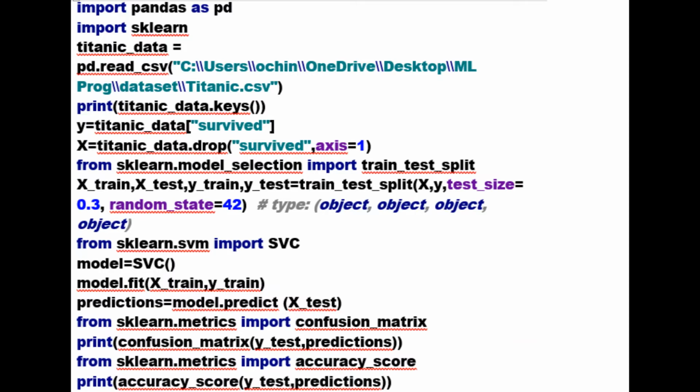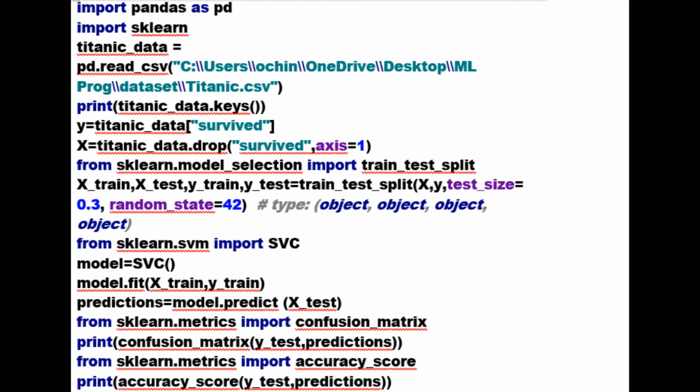Now y contains the class variable, or dependent variable, we can say, and in the x variable we have all the columns on the basis of which we want to predict our class variable. Titanic_data is the name of the variable we have chosen for the dataset.